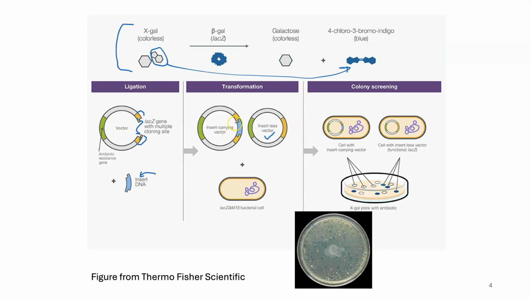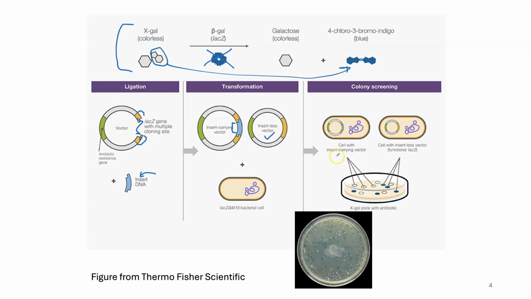There are things we can do to increase the frequency of successful cloning, and we'll talk about those in lecture 10, which will be next Wednesday. So the ones that are carrying the insert are the ones that have this gene interrupted, and now this protein is not functional, doesn't do its job, right?